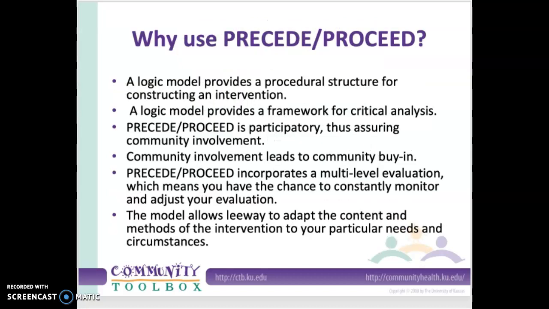So, why use Precede Proceed? How is it helpful? It really gives you a structure. It provides the ability to analyze and evaluate your process. And as we talked about, a lot of these types of projects are done on very large scale scenarios where it'll be an entire corporation, or there may be a city of Goodyear project to try and increase activity within the city.